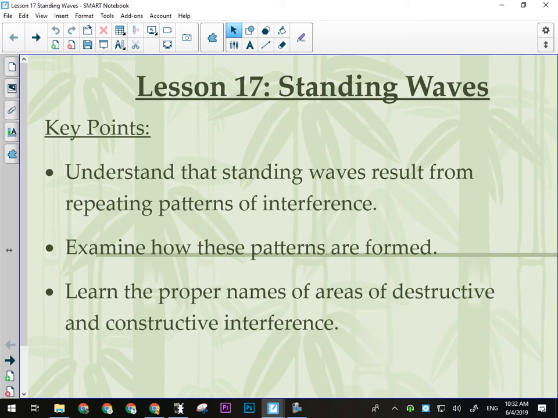We can get standing waves with transverse waves, and we can get standing waves with longitudinal waves. In fact, most musical instruments, at least acoustic instruments, rely on the formation of standing waves, because standing waves are the result of interference. There are going to be patterns of interference that produce a standing wave pattern. What are the two kinds of interference again? Constructive and destructive.